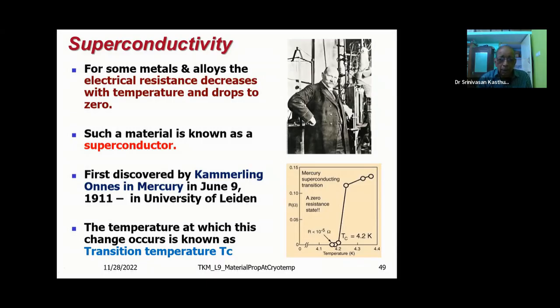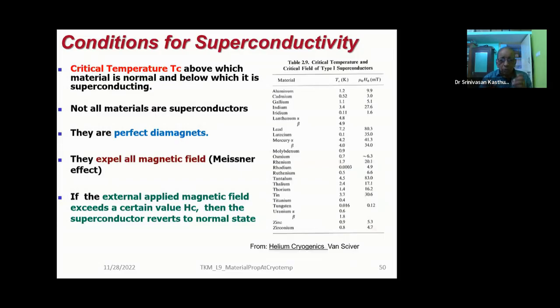Okay, and the transition happens in some metals and alloys, etc. And there are different temperatures at which the transition happens. So you can see, for example, what is the advantage of such a thing? The temperature at which the material suddenly transits to zero resistance, that temperature is called the critical temperature of the material.